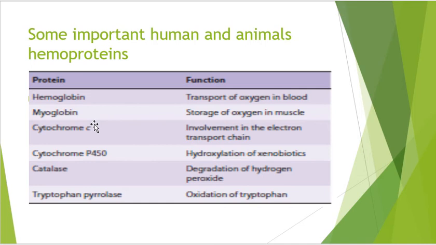Most cytochrome P450 function is to catalyze the oxidation of organic substances, metabolic intermediates like lipids, steroid hormones, and xenobiotics, toxic chemicals.